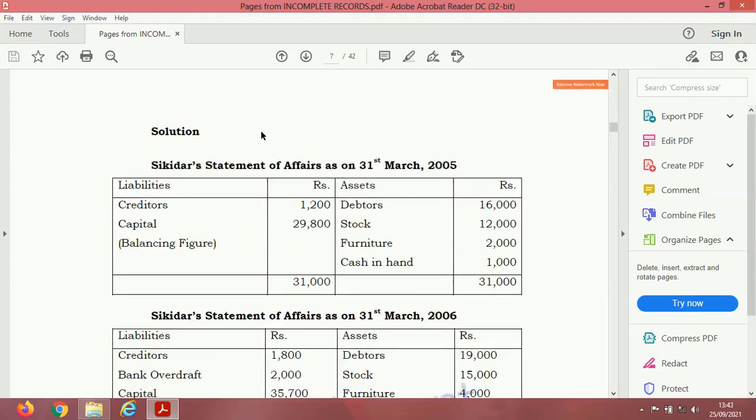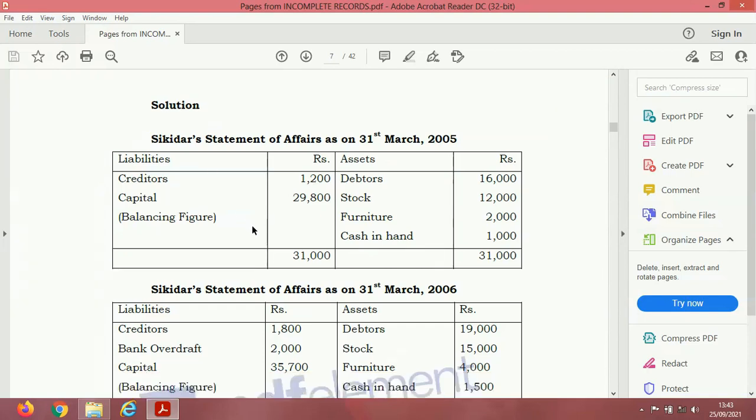So if you are going to use the vertical, we put our heading, then we make a table of three columns: first for details, second for shillings, third for shillings. We shall have assets first, then later liabilities.